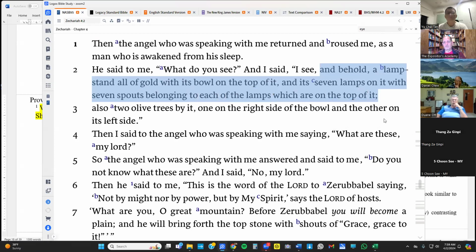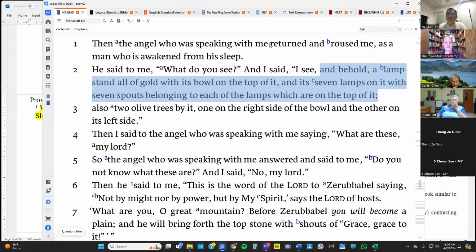Well, that's actually literal, because the menorah had seven spouts, seven branches. The two olive trees, that number is literal. So you have to be careful. Seven, even in this passage, is not always figurative. It can also be literal. You only can know that by understanding what's being described here. Knowing this is the lampstand in the temple, we know it has seven branches, seven spouts, the lamps on it.